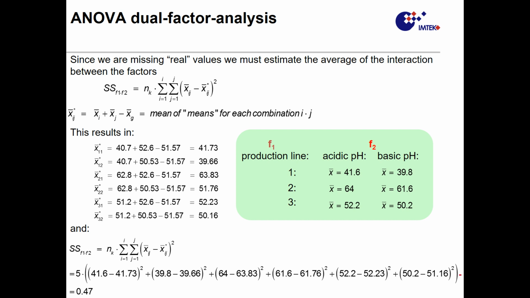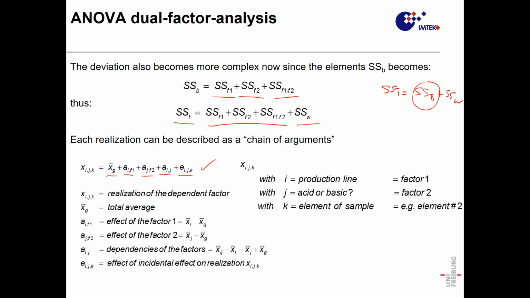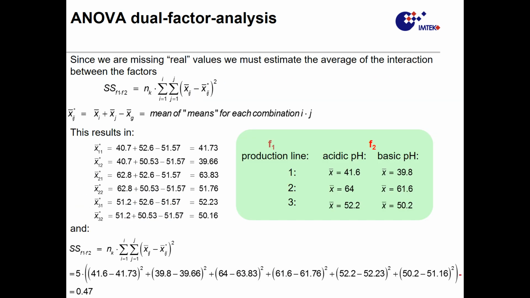So the final one: we have calculated this, we need the interaction between them. For the interaction, it will be each of the points minus the difference between the mean for factor 1, the mean for factor 2, and the big mean. You sum the squares and you multiply by the number of points that you have. Again, these are examples of how you calculate this guy here or this guy here.